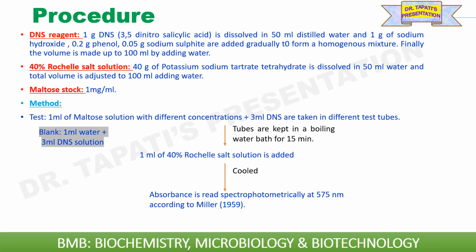Let's know the DNS method. In this process, main reagent is DNS reagent. DNS reagent is produced by addition of 1 gram of DNS, that is 3,5-dinitrosalicylic acid, dissolved in 50 ml of distilled water, and 1 gram of sodium hydroxide, 0.2 gram of phenol, 0.05 gram of sodium sulfide.